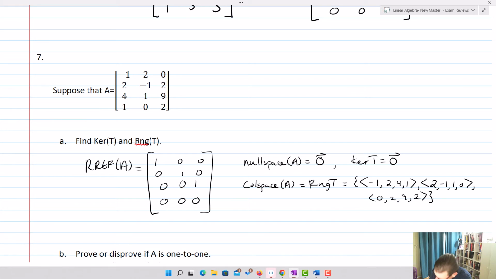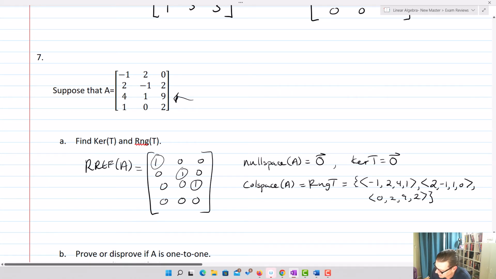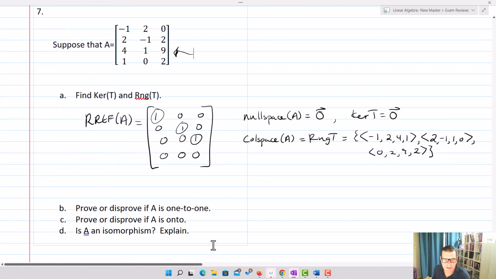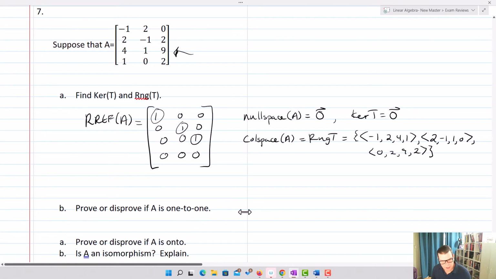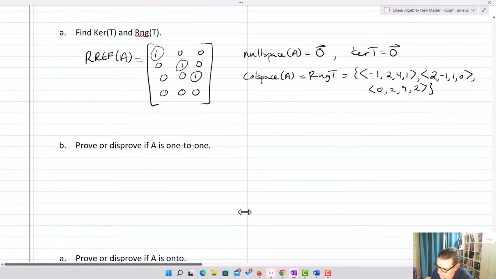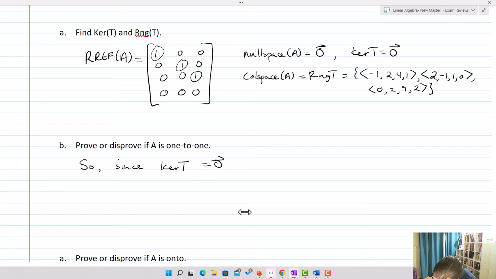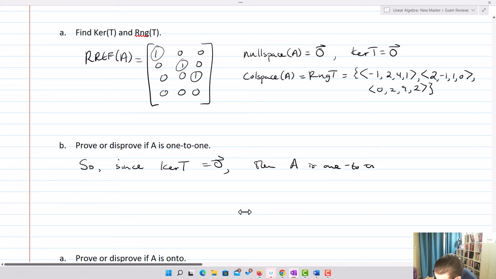If you remember, to find the column space, we take all of the columns that have pivots and we refer back to A. Now, to prove that A is 1 to 1, we need that the kernel of T has to equal the 0 vector. Since the kernel of T is equal to the 0 vector, then A is 1 to 1. There it is. That's it.